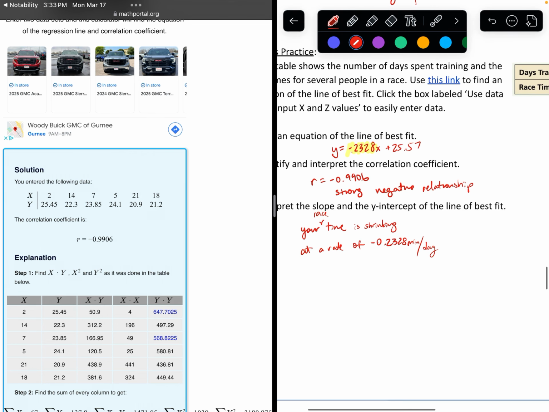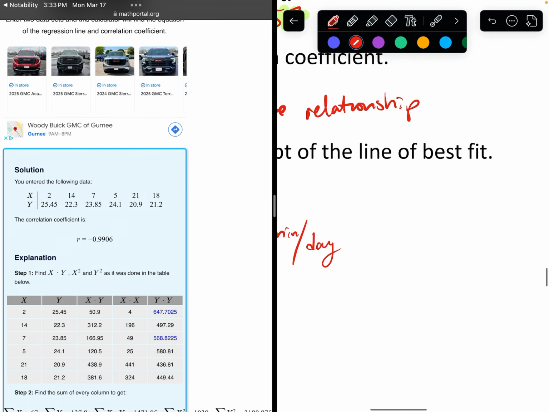That's what your slope represents. Now to identify your y-intercept, it is 25.57. That's always your start, your initial value. So you can say that at day 0, race time was 25.57 minutes. That's all it is. Your start of that.